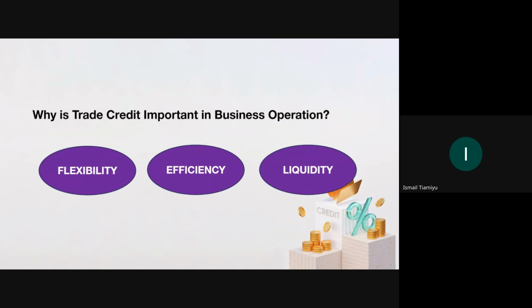And the way to grow any business is to finance it with a form of credit. And the most flexible one that you can get is trade credit. So that's number one importance. It is flexible. The most flexible form of finance you can get for a business is trade credit.